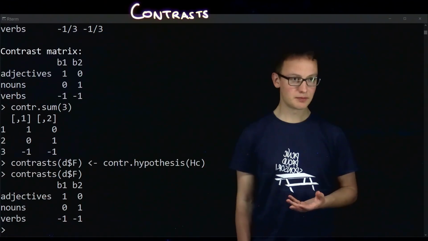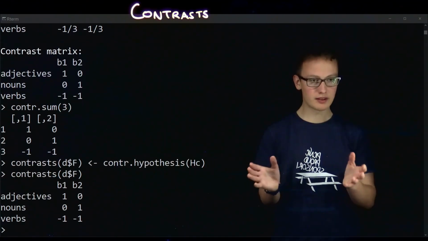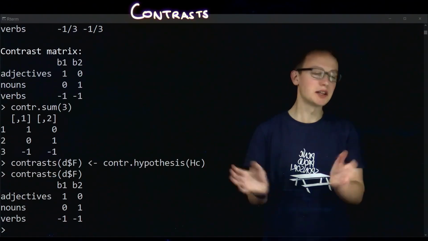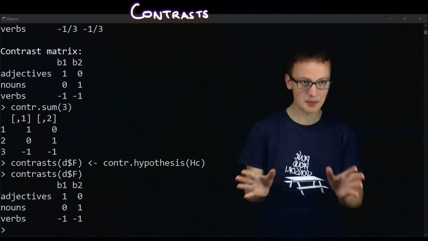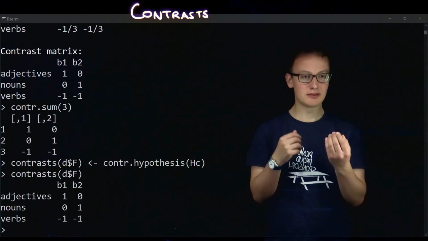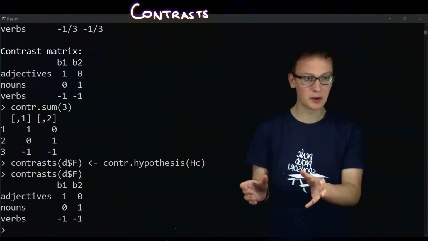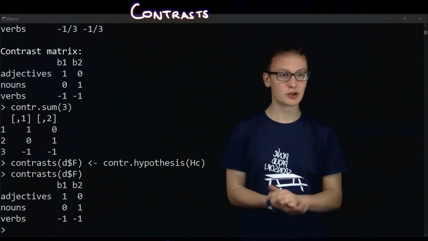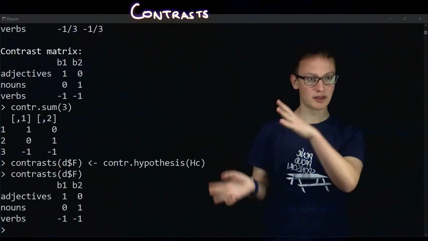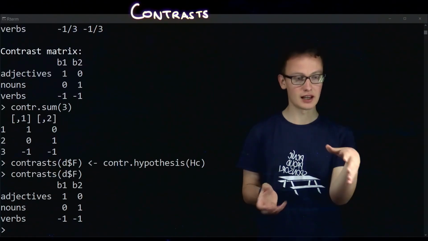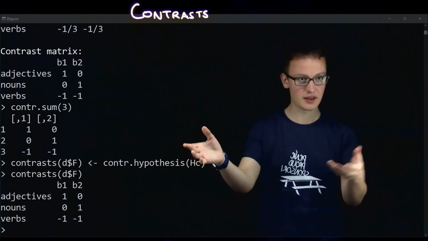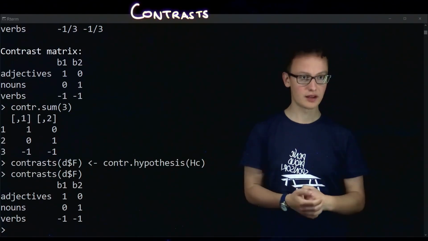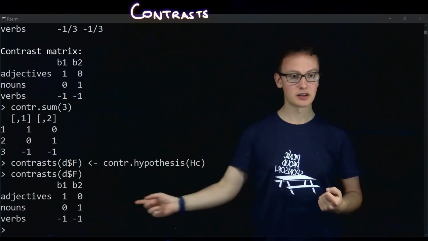And so we can appreciate for a moment that what we are doing here is still just sum coding. It has a name, but in principle, it wouldn't even need to have this name, and we could still derive the appropriate contrast coding scheme just by following this logic: creating the hypothesis matrix and then taking the inverse of that, which will give us the corresponding contrast matrix.